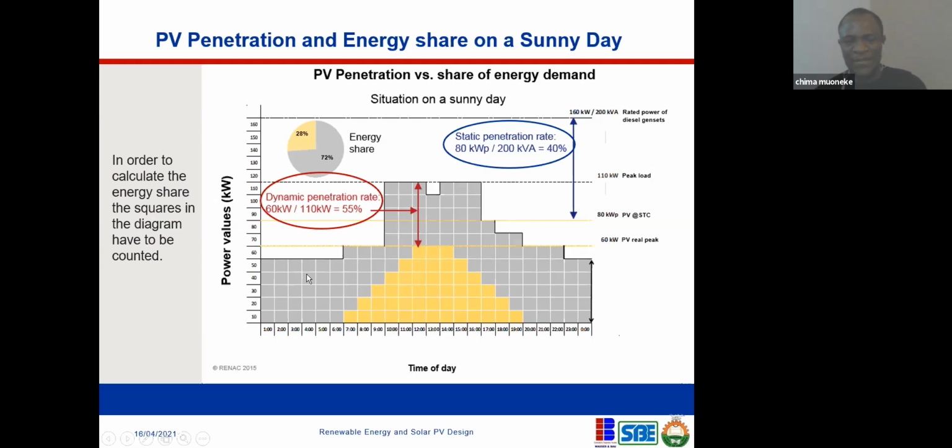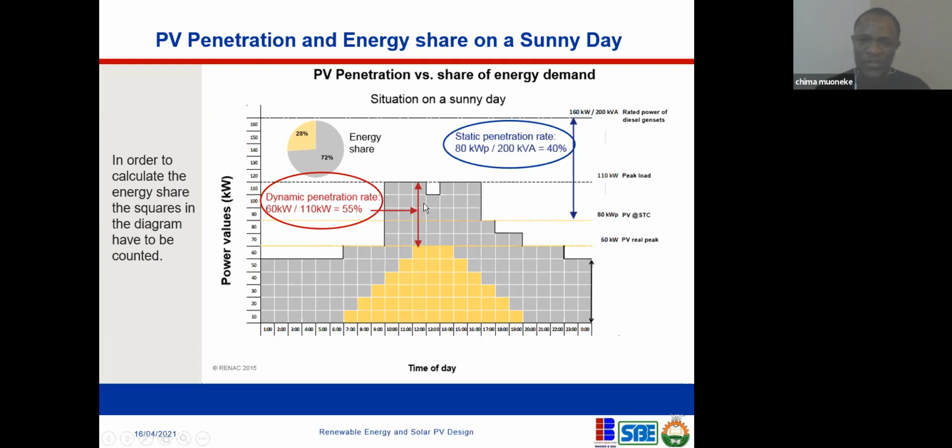Like I explained yesterday, the peak demand of this profile is 110 kilowatts. That's the peak load, right? Each box inside this profile represents energy, 1 kilowatt hour.